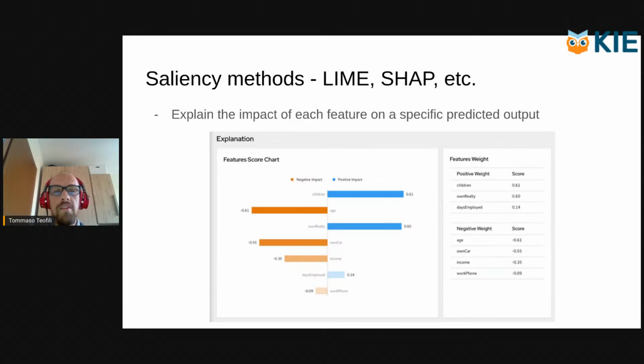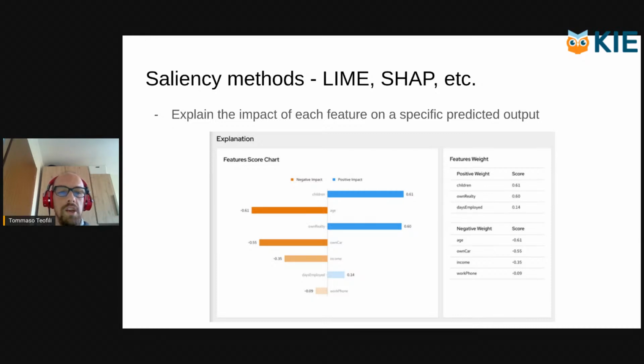Saliency methods like LIME and SHAP and other methods from Explainable AI explain the impact of each feature on a specific predicted output. So in this example here, we have a credit card approval system, and we simply provide an input to this system and get an output. The explanation tells us, in this case, it was a rejection, that some features in the input had a negative impact on the result, whereas some other features had a positive impact.